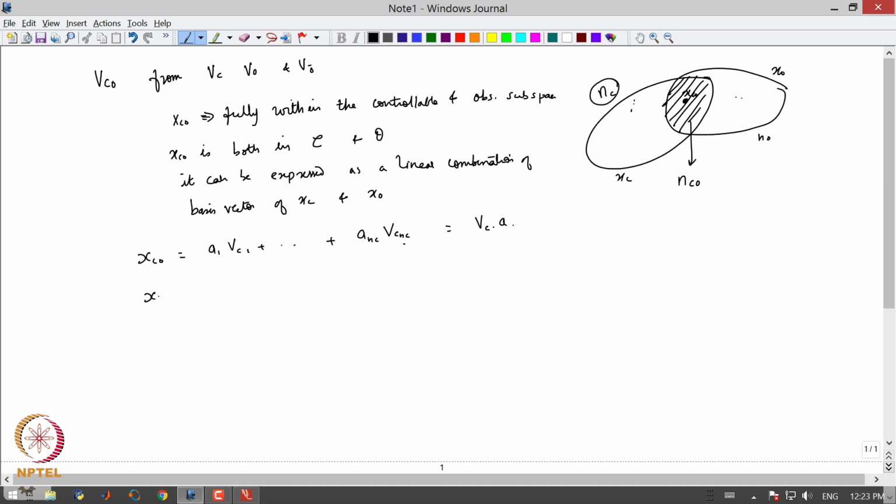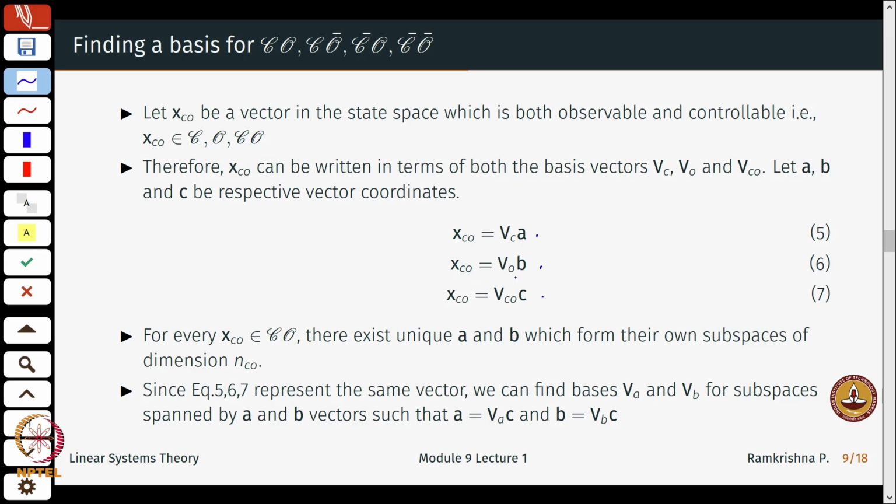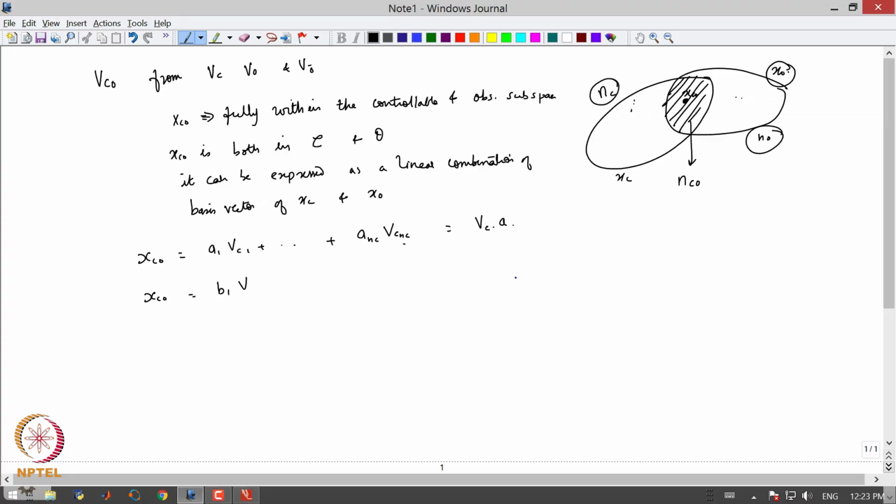This xc naught can also be written in terms of this space with its corresponding basis as say some b1 vo1 plus up to bno vono. I can write this as Vo times b. This is the dimension of the observable subspace.